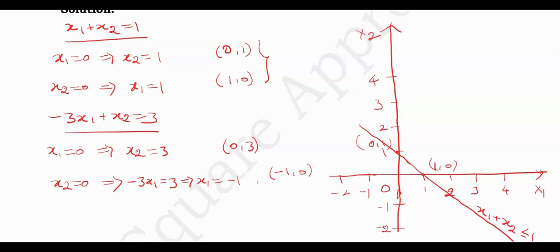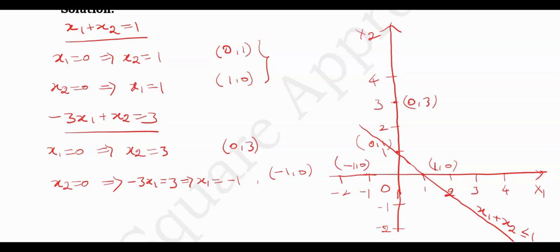And from the second constraint we have the points 0, 3 and minus 1, 0. 0, 3 is here, and minus 1, 0 is here.